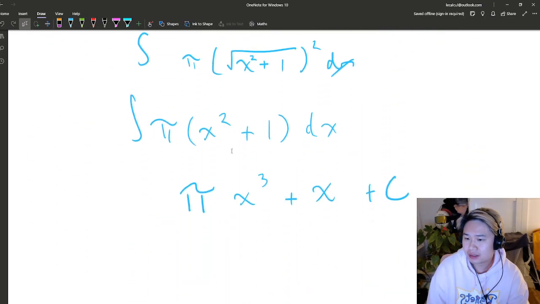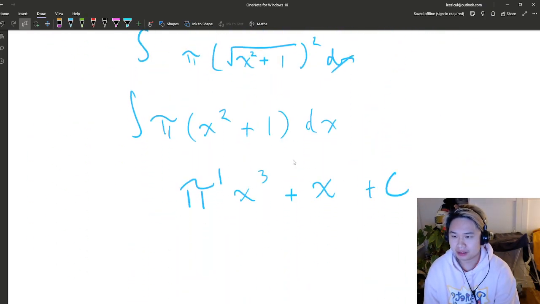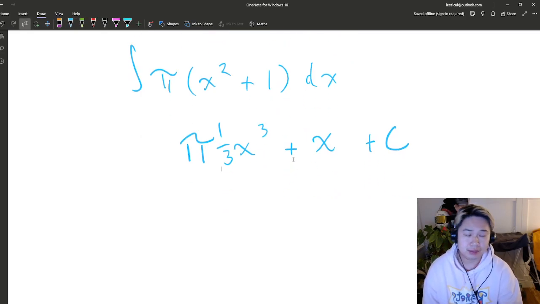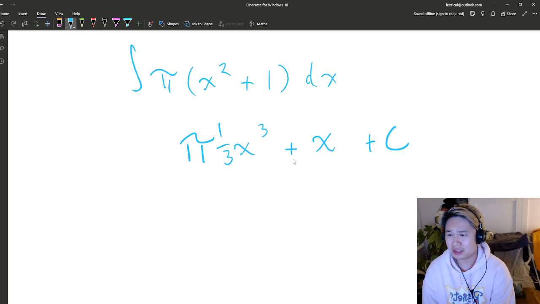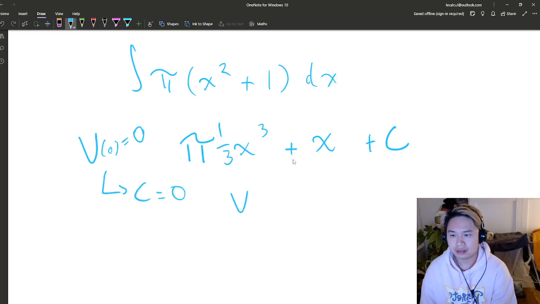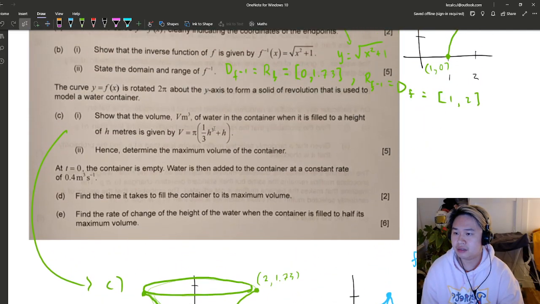Oh yeah, oops, I messed up my integral. Okay, and then we need to find C, but obviously we have some initial conditions, because the volume when x is 0 should obviously be 0, because you don't even have a vase anymore. And then that obviously means that C is 0. So there you go. That is the equation of your volume.